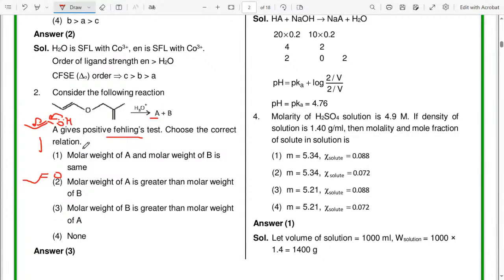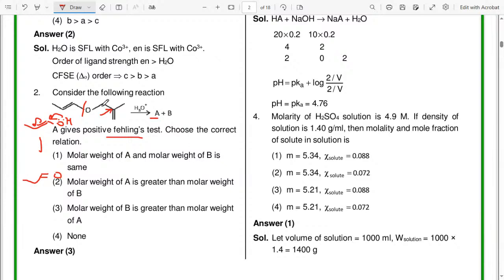Choose the correct relation. So what about the other molecule? Straight away cleave here, you will get an alcohol on this side also, and allyl alcohol is not going to rearrange. However, it is tertiary butanol, so hydrolysis may take place here also. You are going to get a diol, here alcohol and here also alcohol. What will be the molecular weight? Is the molar weight of A and B the same?